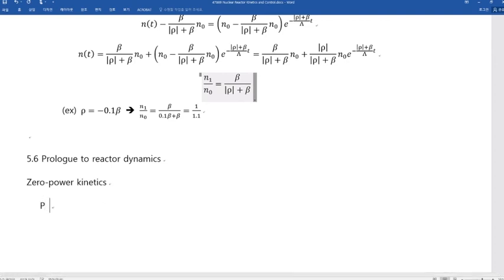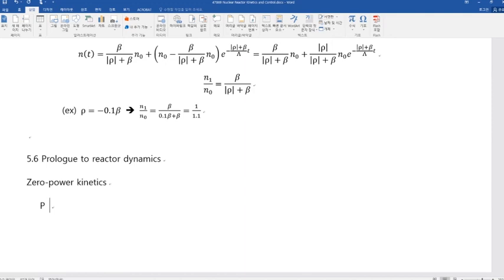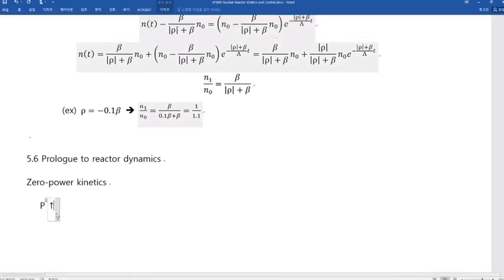The point is that when power P increases and P is big enough, then what will be happening?